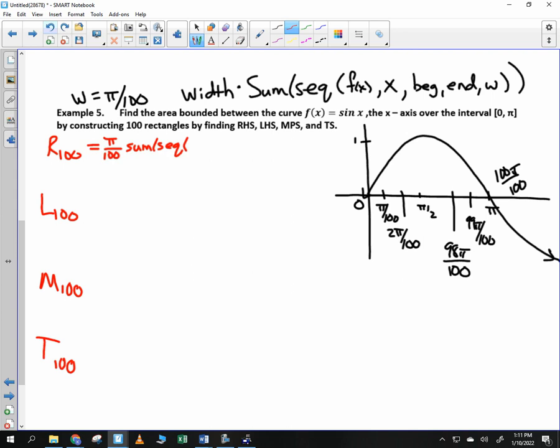Sine of x. I also then write x. What's the first spot that we will evaluate our height if we're using a right-hand sum? Pi over 100. What is the last spot we'll evaluate our height if we're doing right-hand sum?